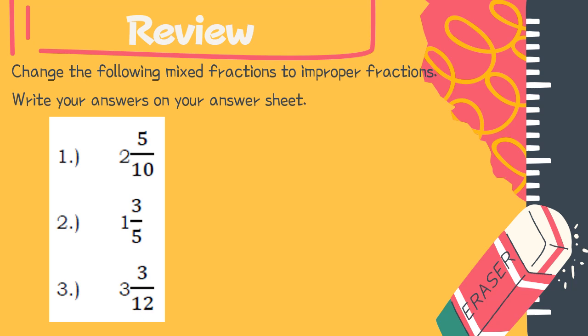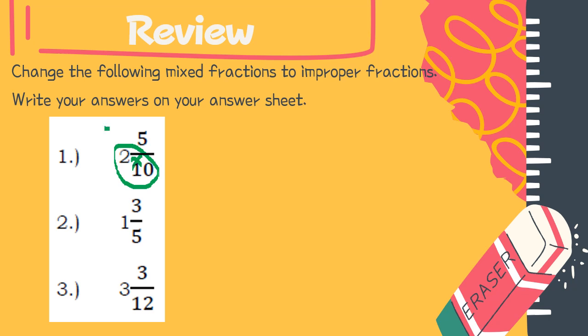Let us answer number 1 first. How are we going to do this? The first thing that we're going to do is to multiply the whole number to the denominator. 2 times 10, 20, right?